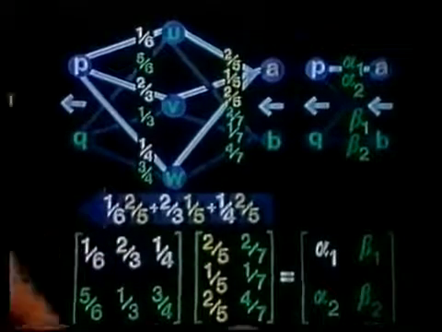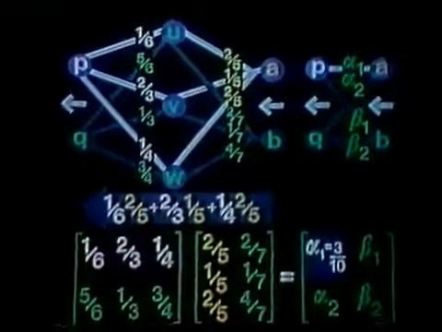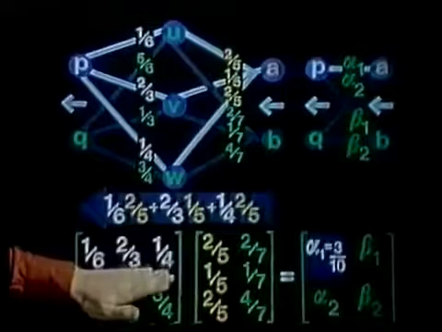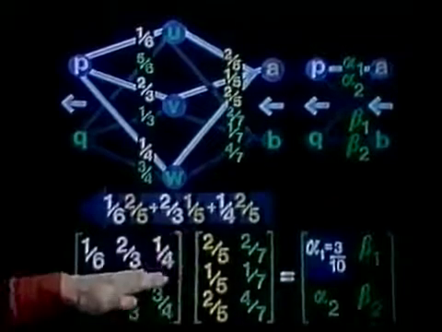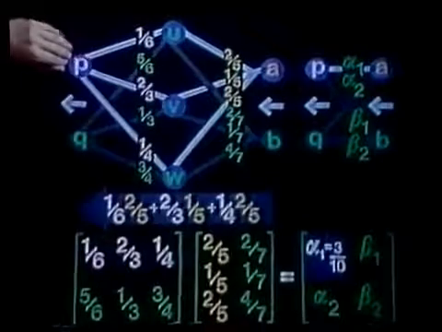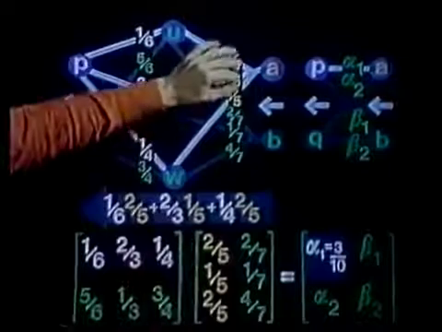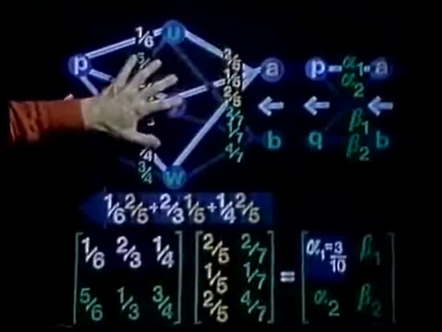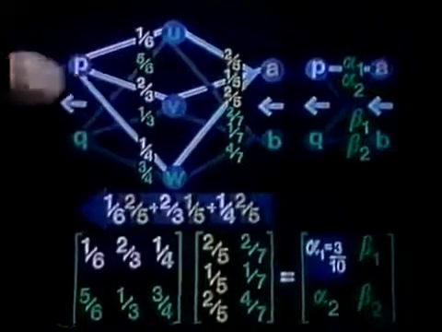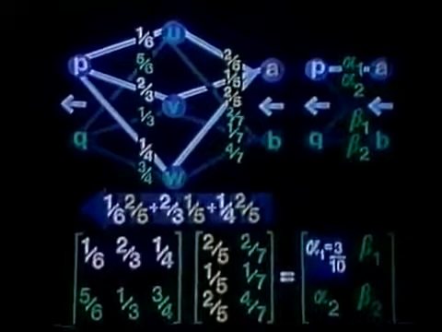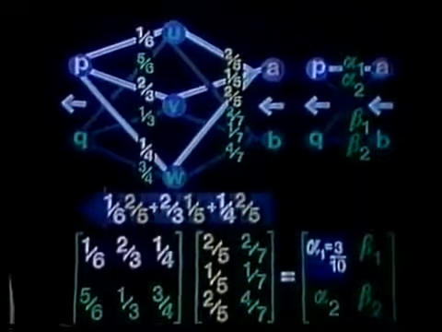And in this case, the calculation gives a value of alpha 1 equal to 3/10. That 3/10 is calculated by acting this row on this column. And the reason is that this row represents flows towards P, and this column flows away from A. And the reason it all works is that network arithmetic in that diamond is the same thing as row acting on column. And that works, of course, for the other alpha and for the betas.